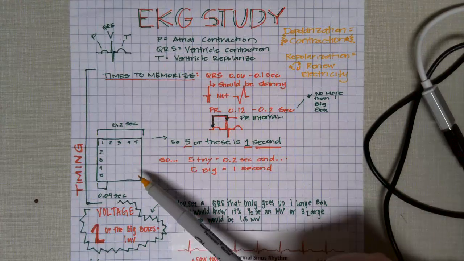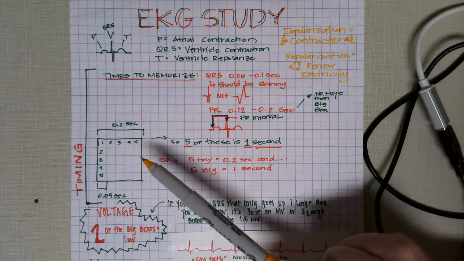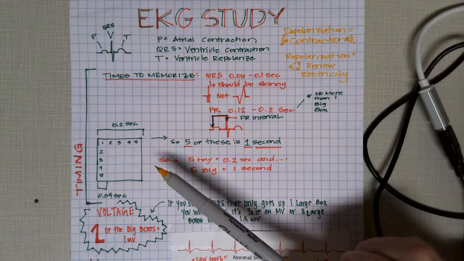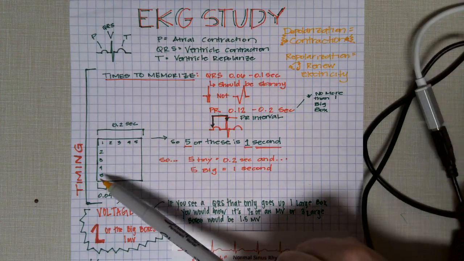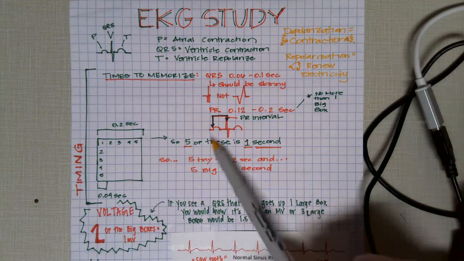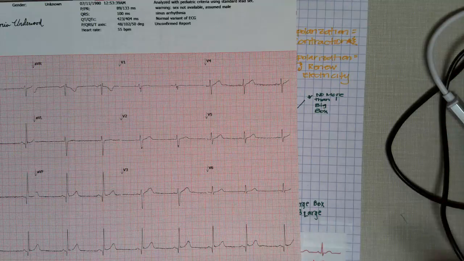Okay. So down here, you're going to see this little box that I made. I wrote this out on grid paper, so it made it quite easy to draw one of these. When you're looking at EKG paper, you'll notice there are these tiny, tiny boxes, and then there are bigger boxes. What I'm talking about is right here.